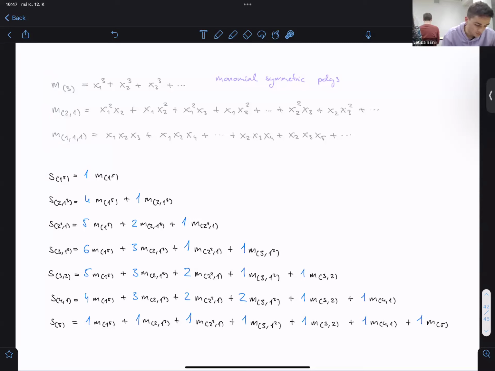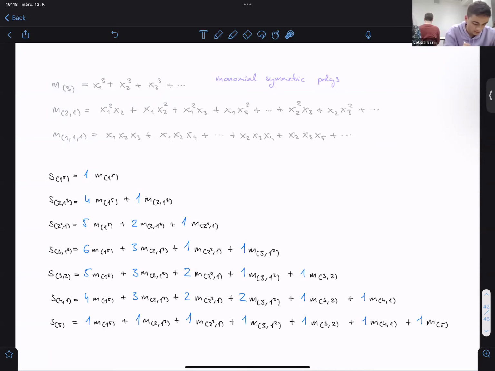So to each partition, we can associate the sum of all monomials of that shape. For example, for 2 1, you can associate x1 squared times x2 plus x1 times x2 squared plus x1 times x3 squared, and so on. And monomial symmetric polynomials will be a basis of symmetric polynomials quite clearly.